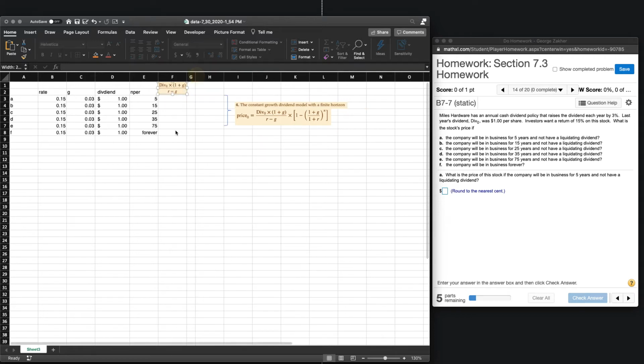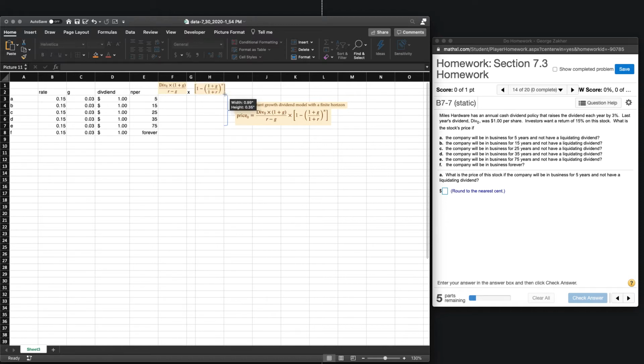So ultimately, this first part looks very similar, which actually is similar to Gordon's equation, and we just have to account for that time difference. So it's no longer infinite, so this is going to help us recognize what happens when we're dealing with a certain finite number of periods.